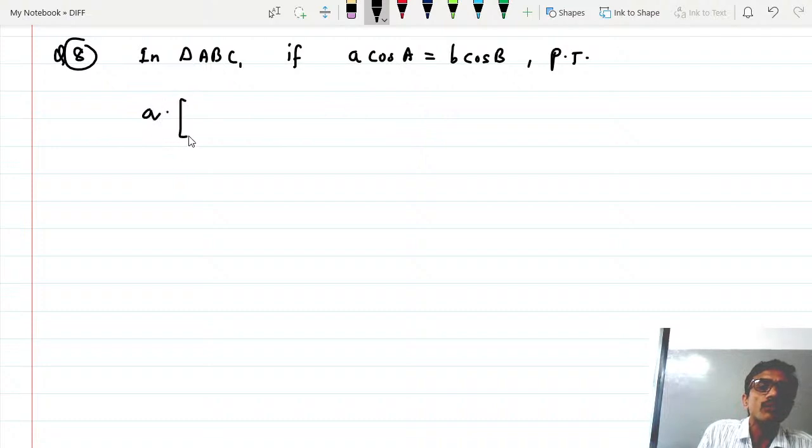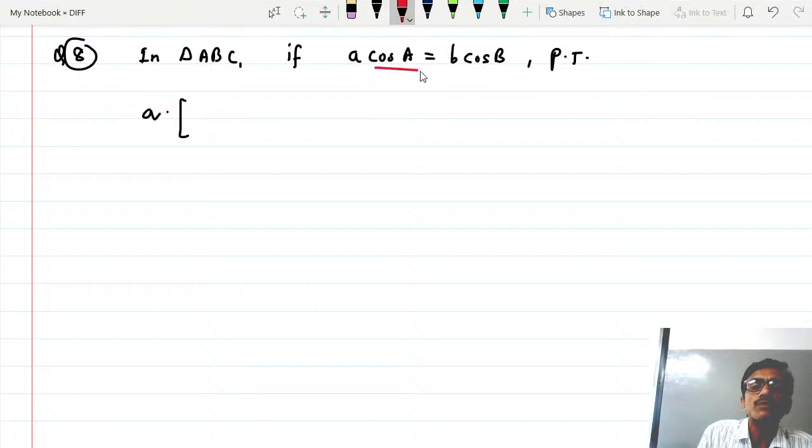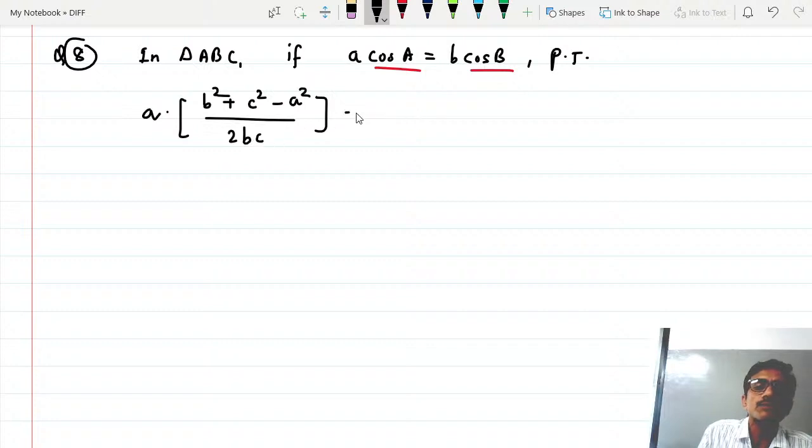We use cosine rule over here. And what is this cosine rule? Cos A is equal to (b square plus c square minus a square) upon 2bc.